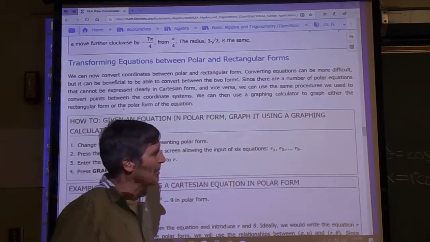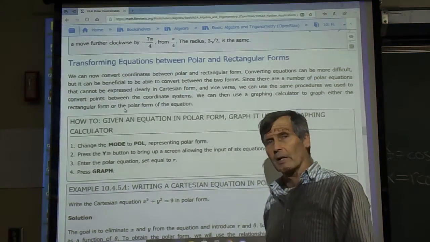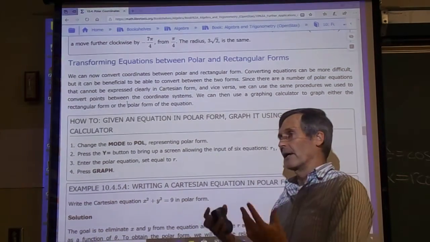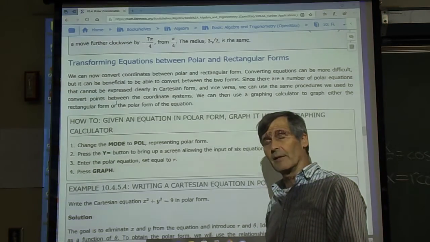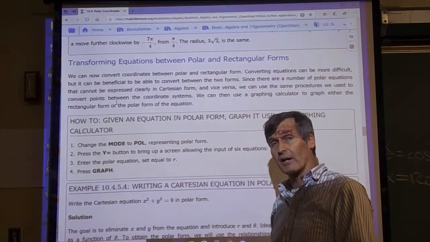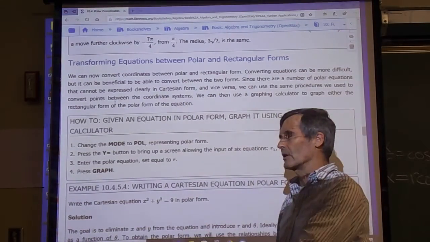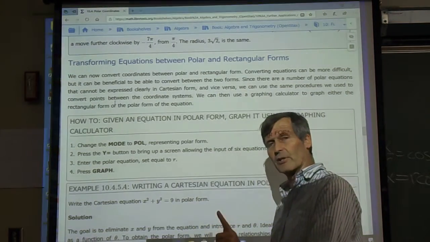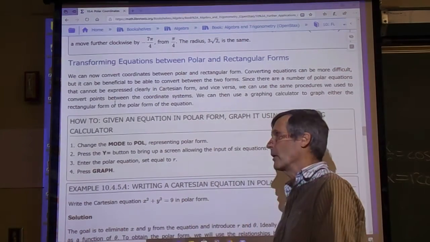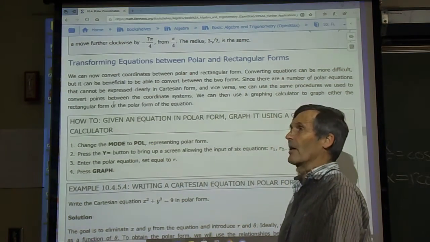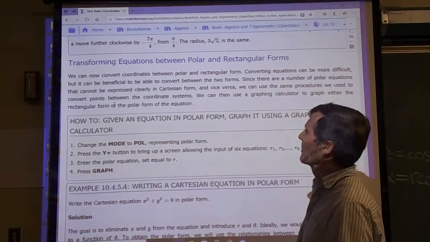Well, now the next topic is we also want to be able to convert equations. Some equations, like in orbital mechanics, are very conveniently done in polar coordinates because, after all, gravity is a central force. It's the same regardless of which direction you're pointing. It depends only on how far away you are from the sun, if the sun is the source of the gravitational force.